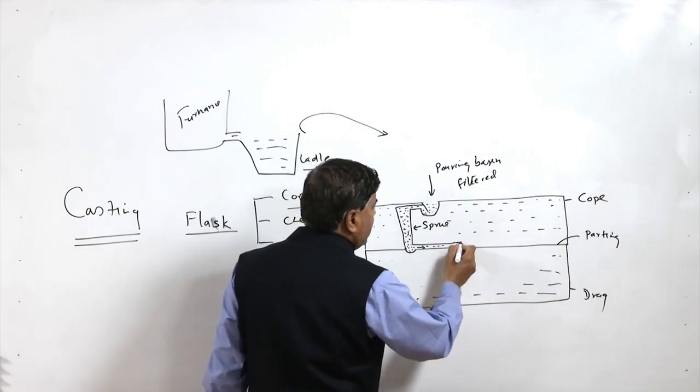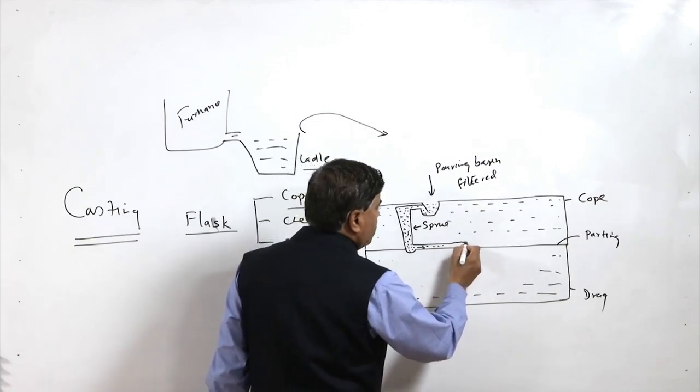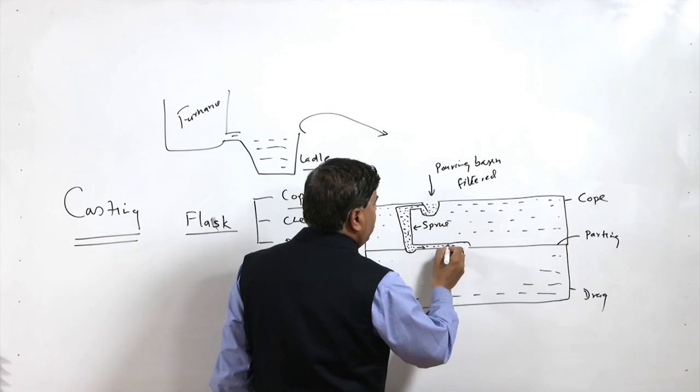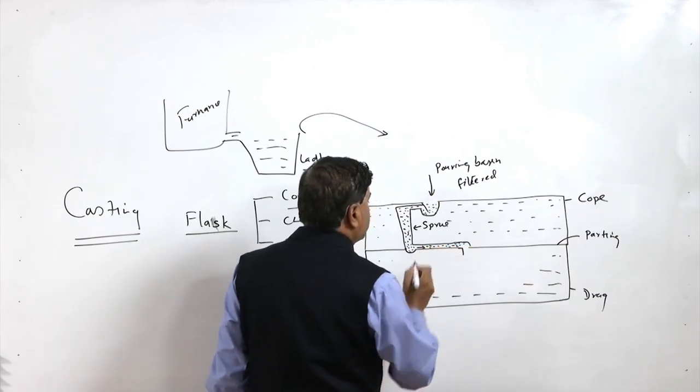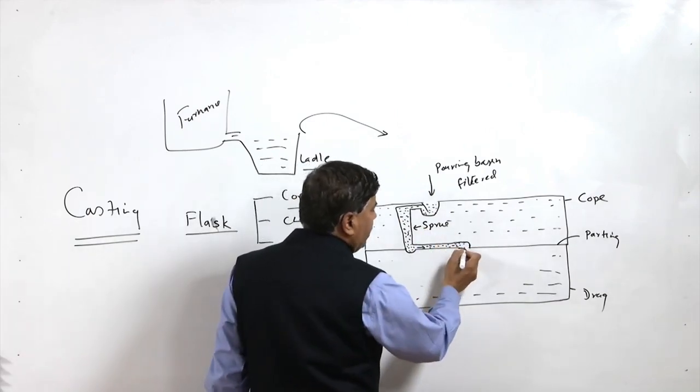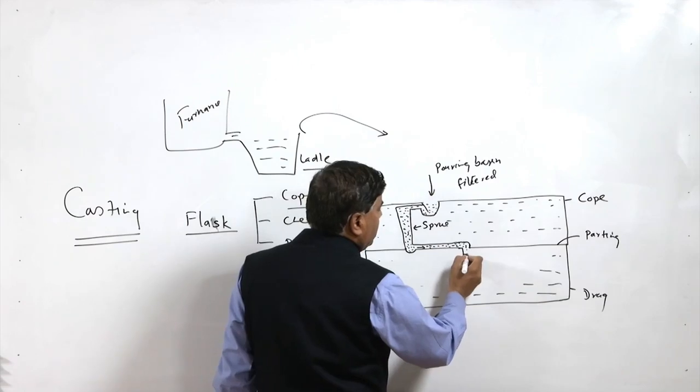A runner is designed in such a way that it also helps to prevent the entry of light materials like oxides, impurities, slag and dross, which are stopped at the top level, and entry of the molten metal takes place through this region.